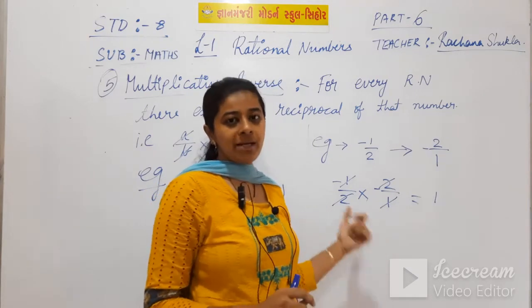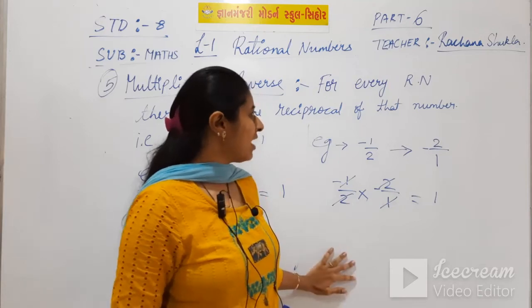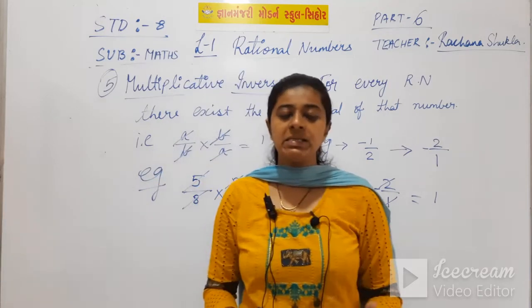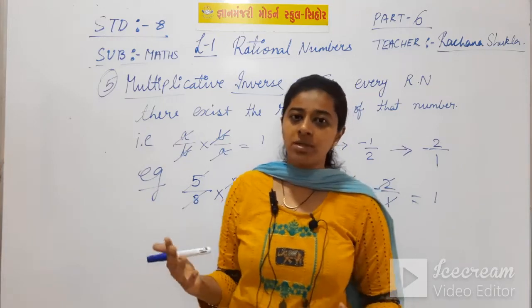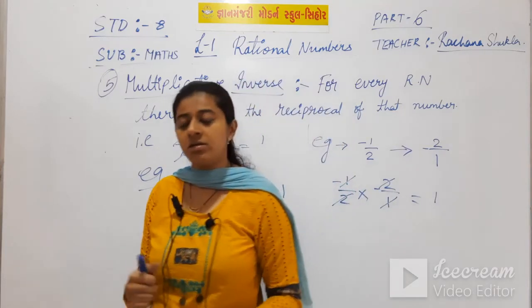Total there were 5 properties of multiplication, that is closure property, commutative property, associative property, multiplicative identity, that is 1, and multiplicative inverse. Now I will show you some easy sums of division of rational number. Let's move on towards the division of rational number.